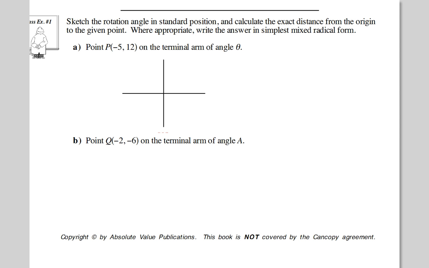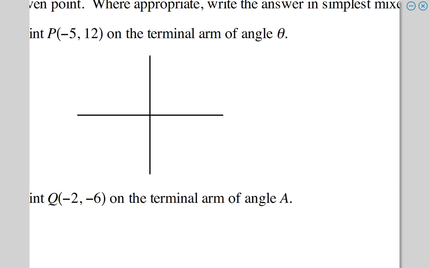Okay, so let's take a look at this point. It's left 5 and up 12. Okay, so it doesn't have to be perfect. So what I like to do is go 1, 2, 3, 4, 5. You know, somewhat decently spaced out, the same. And then 1, 2, 3, 4, 5, 6, 7, 8, 9, 10, 11, 12.